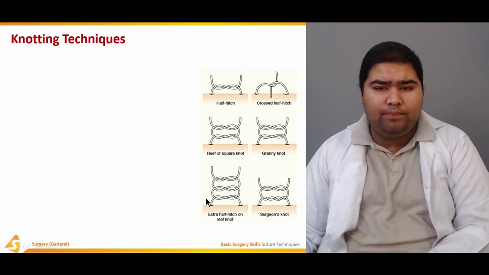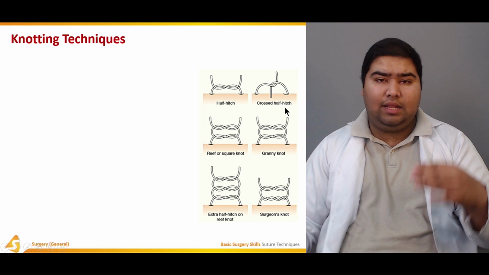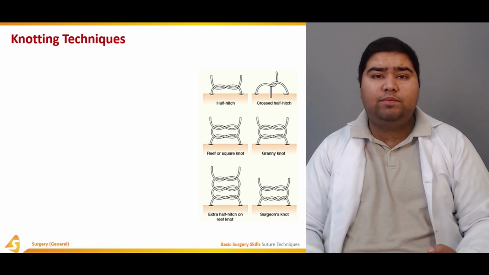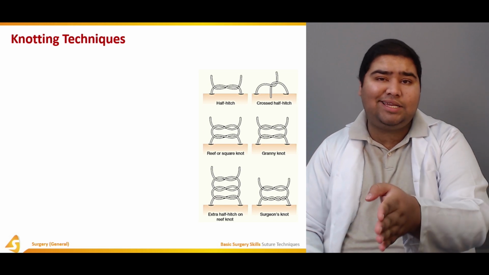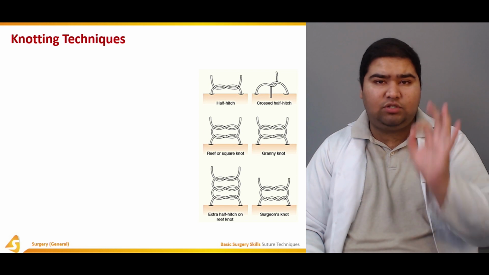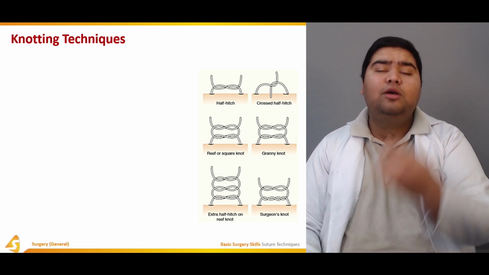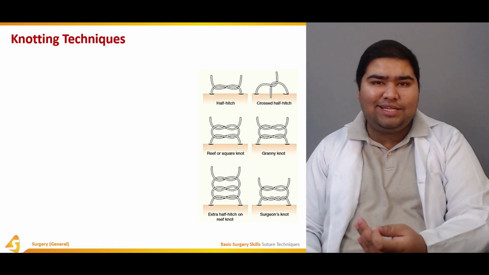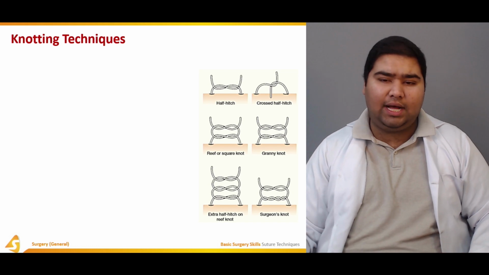Here you can see the half hitch knot. Again, a cross half hitch knot. Now again, these are the techniques you have to perform by yourself. So me explaining these techniques would not be helpful to you. What you have to do is take two pieces of thread and try to tie these knots. Once you try to tie these knots, you'll get a better idea of what these knots actually are.